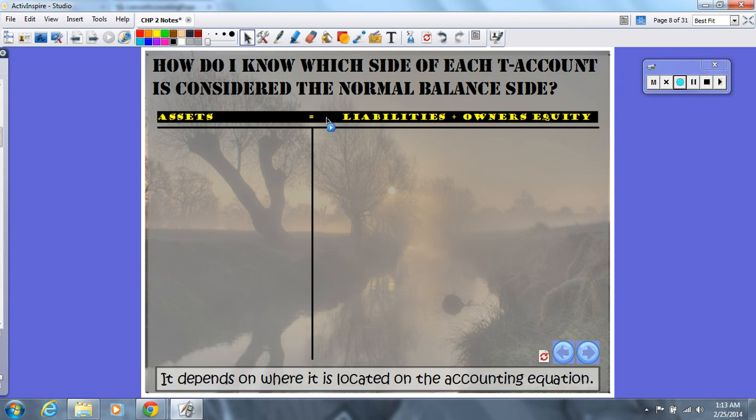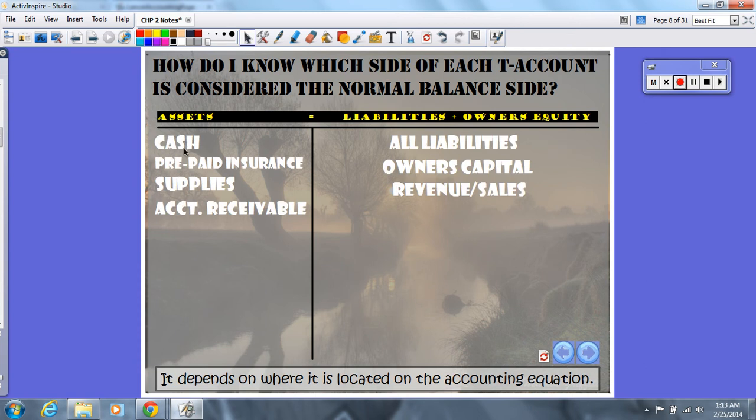Well, it's really just dependent on where it is located on the accounting equation. So you have an accounting equation here. You have assets on the left, you have liabilities and owner's equity on the right. So on the left-hand side of your accounting equation are all your assets. Okay, so we have cash, prepaid insurance, supplies, accounts receivable.